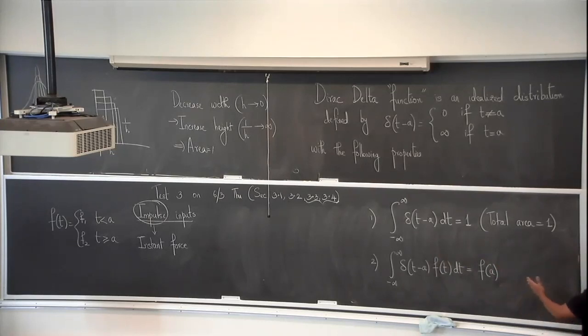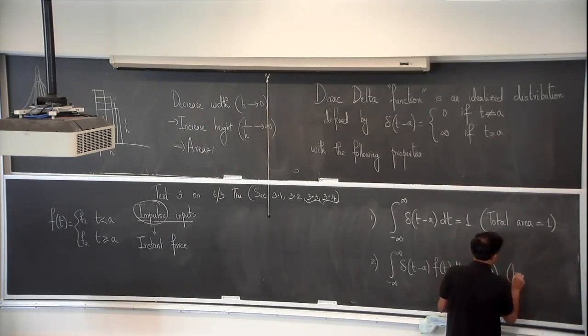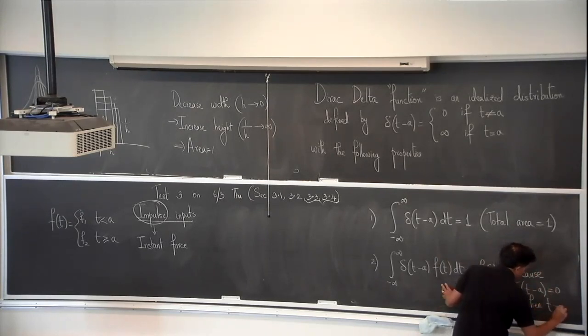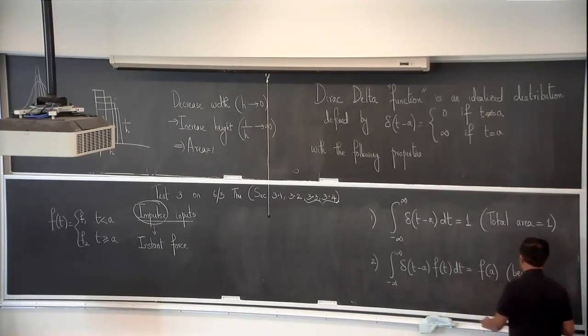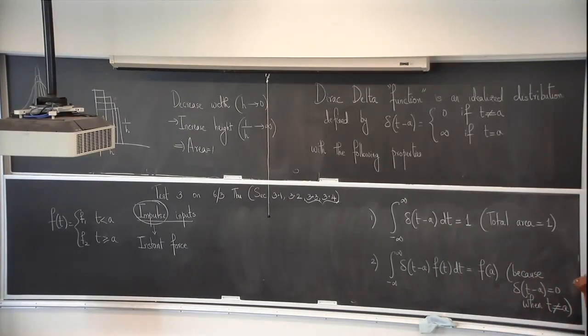That's because the delta function is equal to 0 at all other points except t equal to a. Because the delta function is equal to 0 when t is not equal to a, it helps you pick out that one particular value of the function from that product.